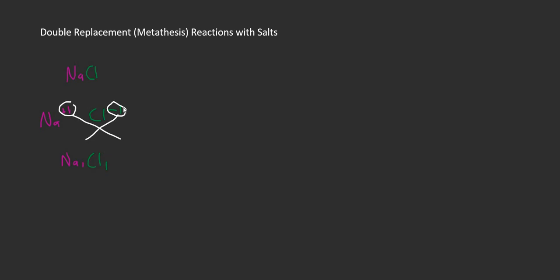So see how I took the -1, not ignoring the charge, but paying attention to the number, taking that number and moving it next to the sodium, taking this number and moving it next to the chloride. So Na1, chloride 1. That means we have 1 sodium ion and 1 chloride ion, and that makes a neutral salt, and we want our salts to be neutral. So we want an overall charge of 0. We want the positive to cancel out with the negative.